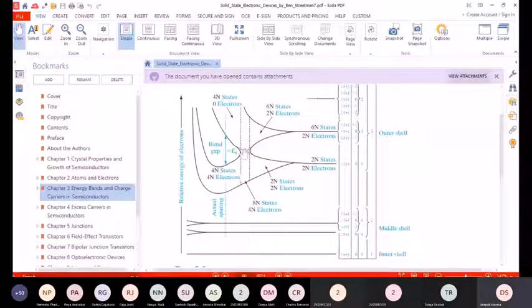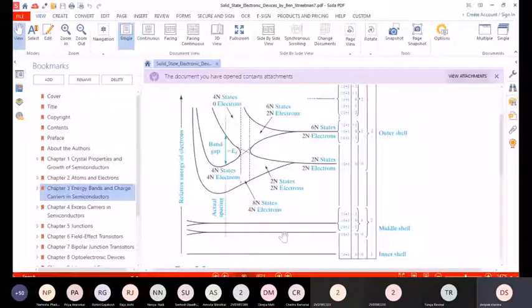And again, why the energy of the outermost electron is being changed here, and why the energy of the innermost electrons is not affected, is because the electrons present in the outer shell will be more influenced by the other atoms, because the inner electrons are attracted with a high attractive force from the nucleus, but the outer ones do not have that affinity towards the nucleus, right?